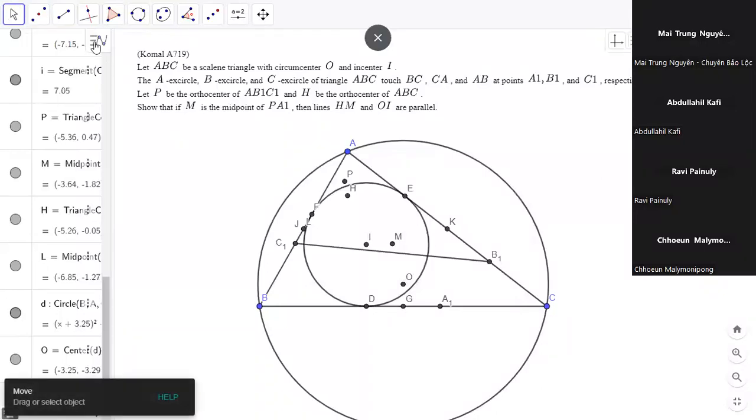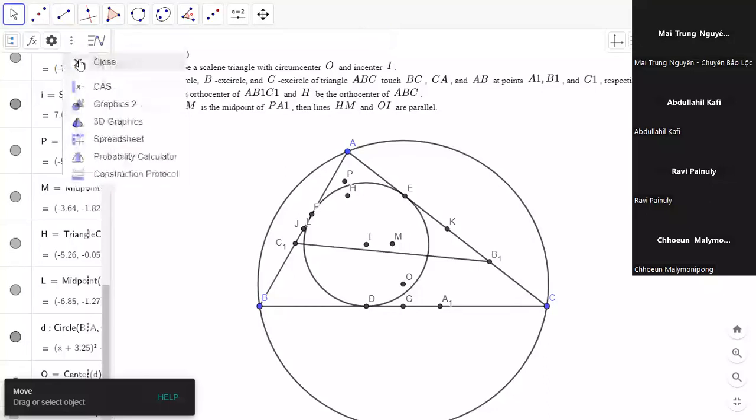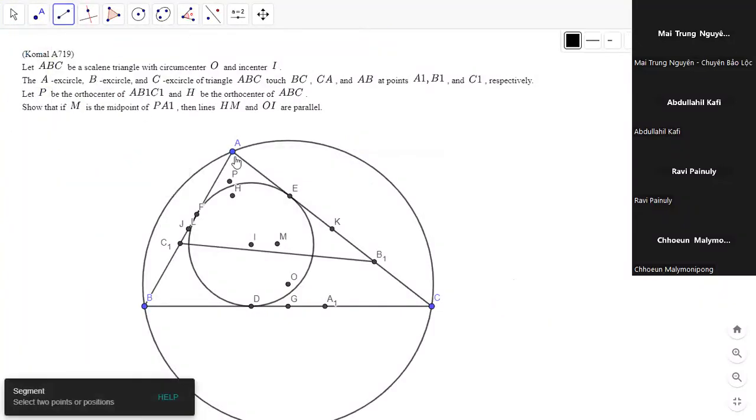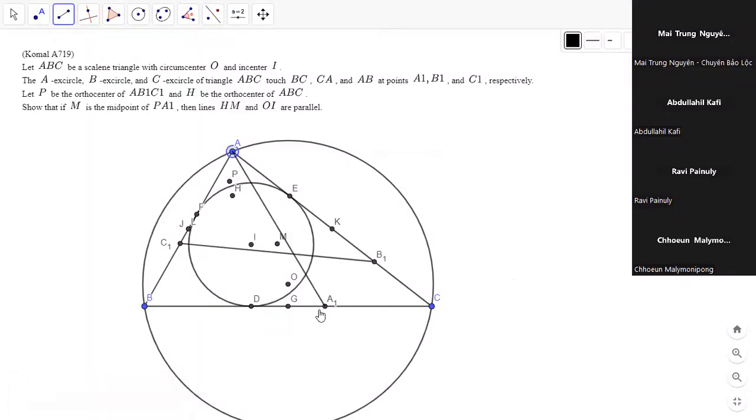All right. Now it's the midpoint of PA1. So these are like the midpoints.